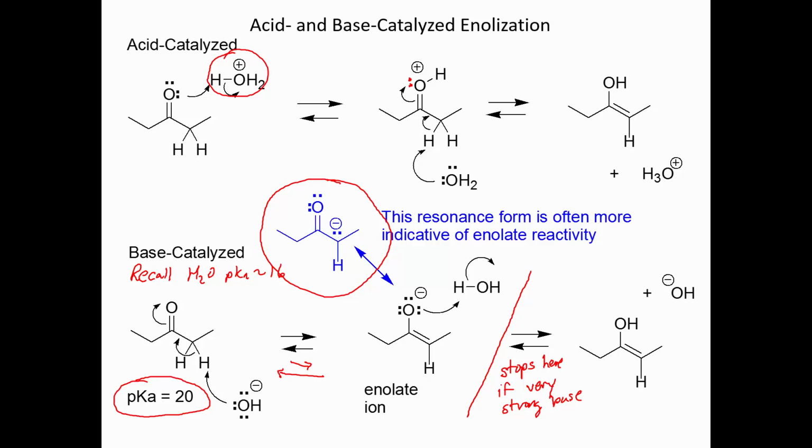Carbon-oxygen single bond, carbon-carbon double bond. But when we think about the reactivity pattern, this resonance structure that I've circled is actually more reflective of the reactions that we commonly see for these enolate anions. In other words, we react electrophiles with carbon. Okay?